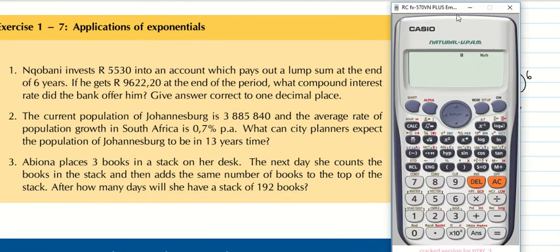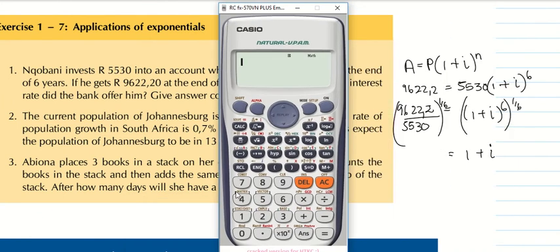Let me just get the calculator. All you have to do is type in on your calculator, you can open a fraction: start with the bracket, and then type in your fraction, 9,622.2 divided by 5,530, and then to the power of a fraction, which is 1/6.